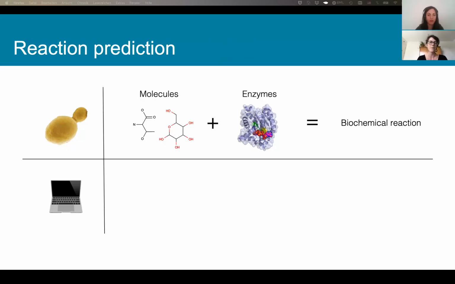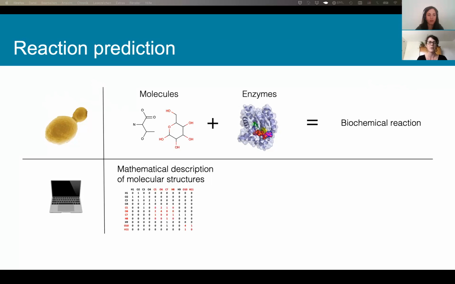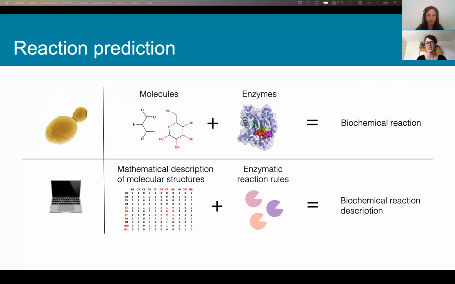So we can represent molecules as mathematical descriptions of the molecular structure. And then for the enzymes, we can use enzymatic reaction rules. And if we apply these enzymatic reaction rules on these molecular structures, we should get the biochemical reaction description.